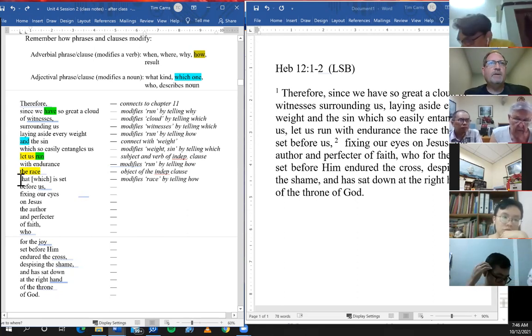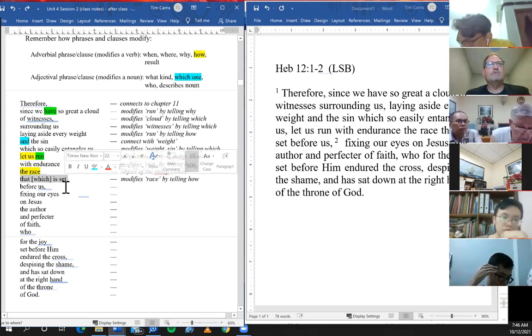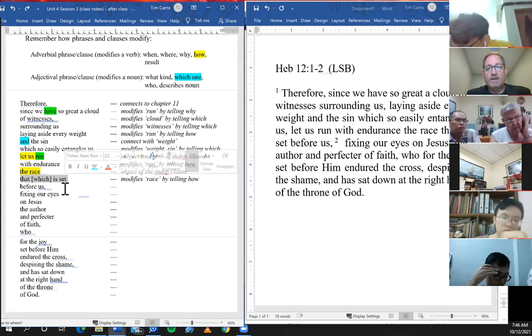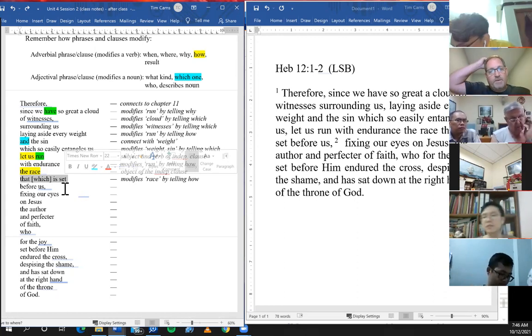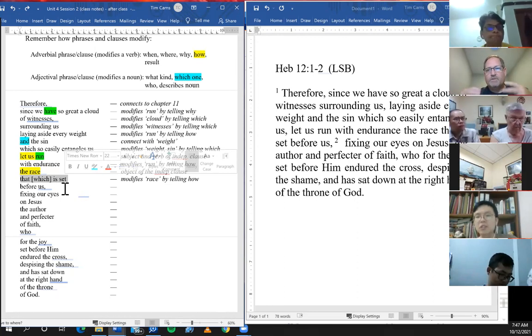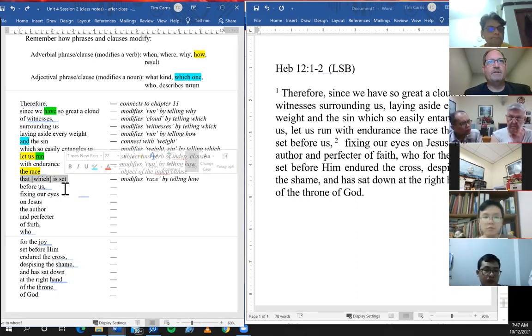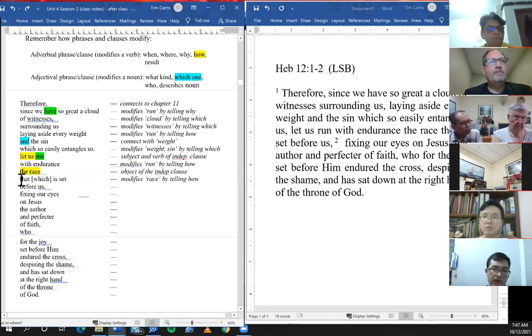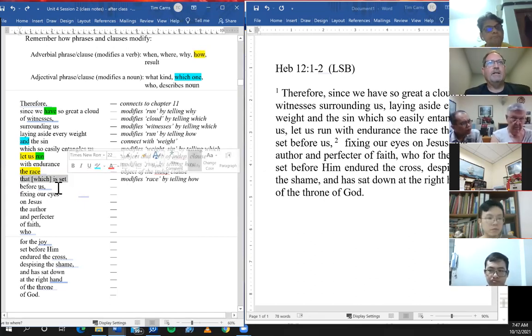And then I do the same thing here, the race that is set. So I'm going to just assume first that it modifies the word right before it. Now that's not always the case, but often, I think more times than not, a phrase or clause will modify the word before it. So you just maybe start there if you're not sure, and ask yourself, if that is set, could that modify race?